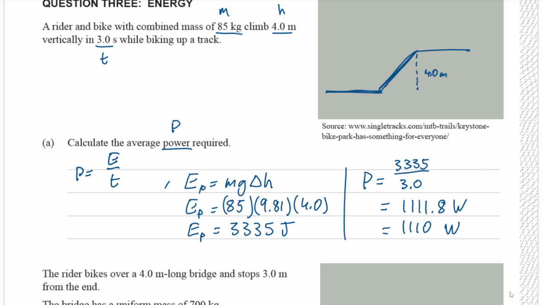Right. So this question is actually, surprisingly, a merit question. So if you got the correct gravitational potential energy, and then use that to work out the correct power, merit. Just while we're here, another way you could have worked out that energy is to use the work done.